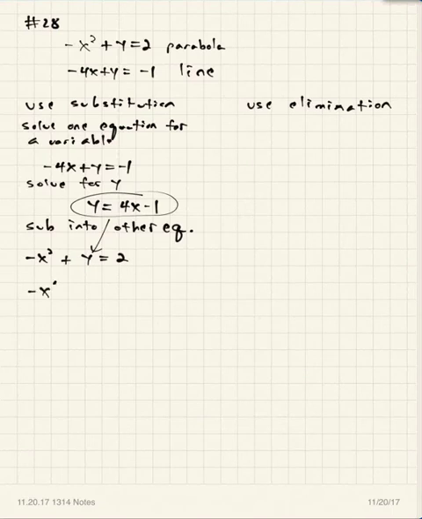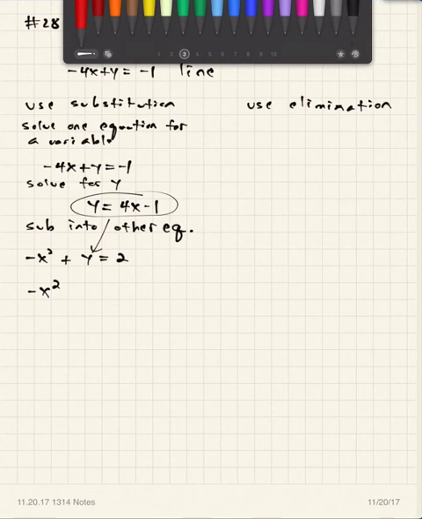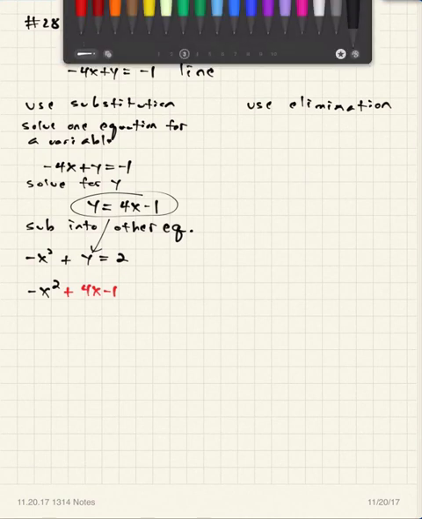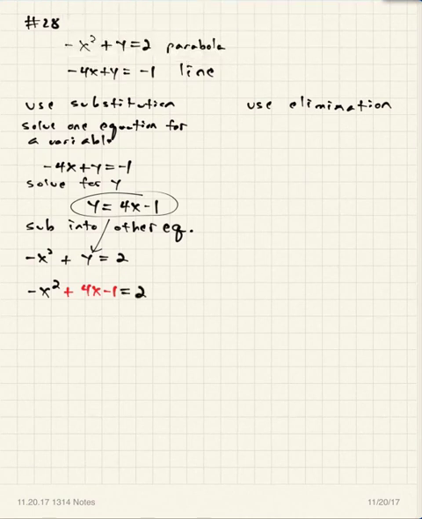So this is negative x squared plus y. So this would be plus 4x minus 1. And then that would be equal to 2. And notice this is an equation that has just one variable in it. And so I should be able to solve this system using substitution.